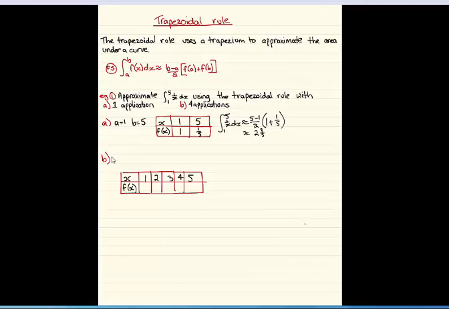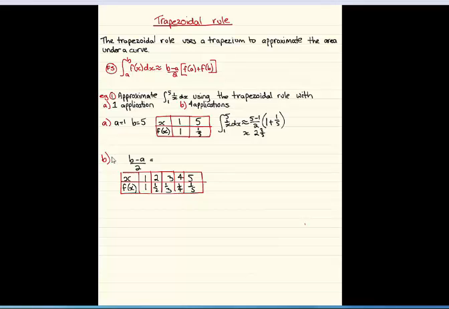Okay, now f of x is still 1 over x. So 1 over 1 is 1, 1 over 2, 1 over 3, 1 over 4, and 1 over 5. Okay, now think very carefully here. What is your b minus a now? Well, b minus a is from 1 to 2, from 2 to 3, from 3 to 4, from 4 to 5.